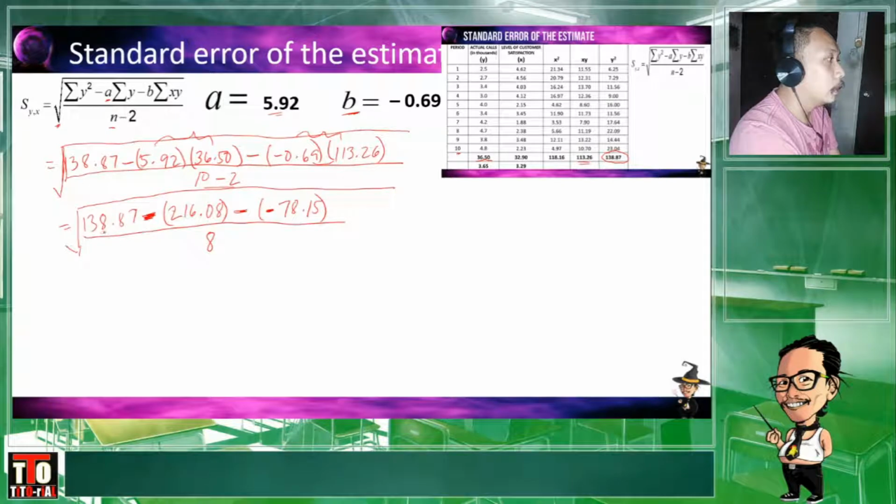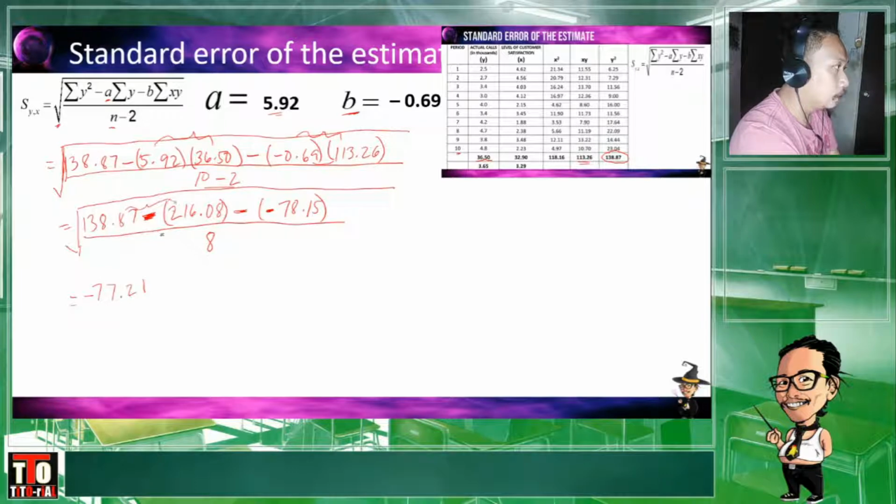Okay? Now, next, let's try to solve this one. 138.87 minus 216.08, we will have a value of 77 or negative 77.21. So, okay na tong side na to.